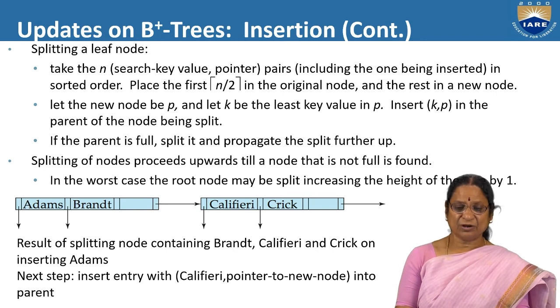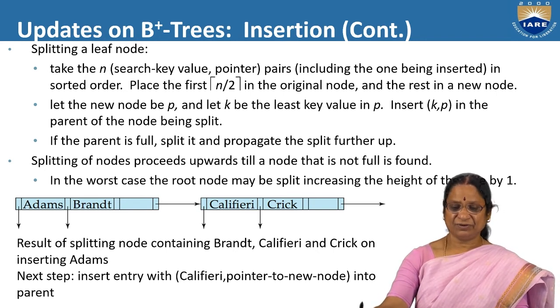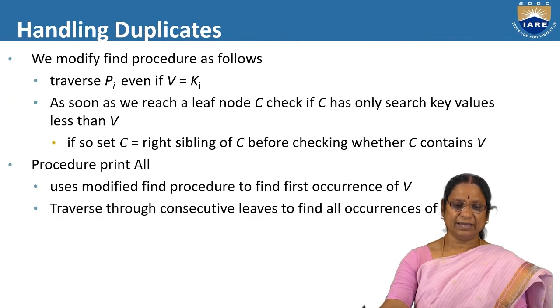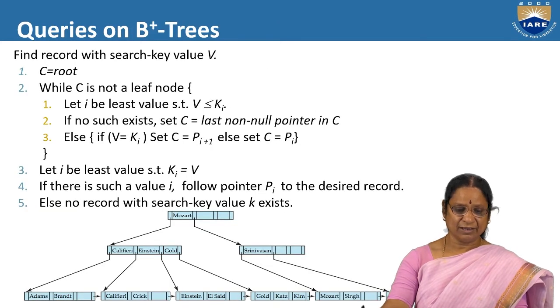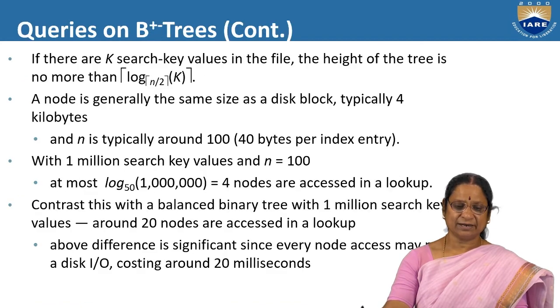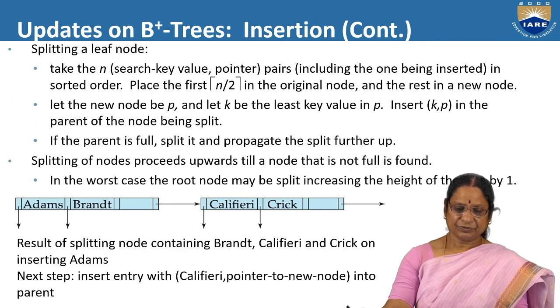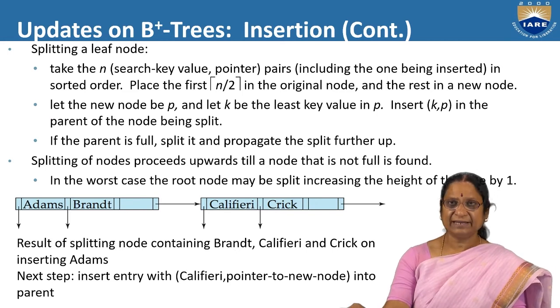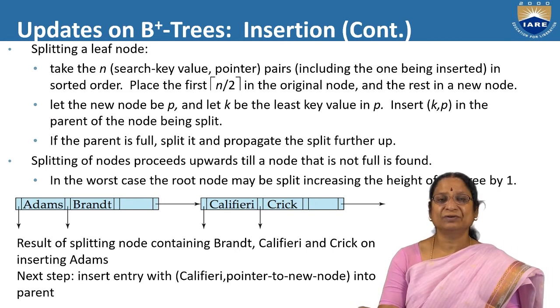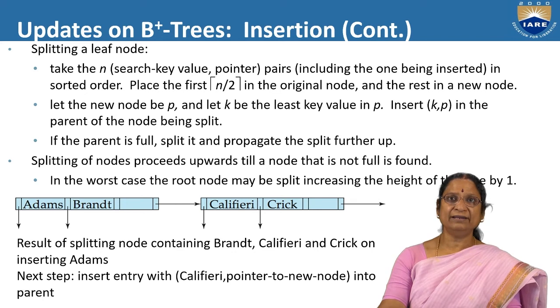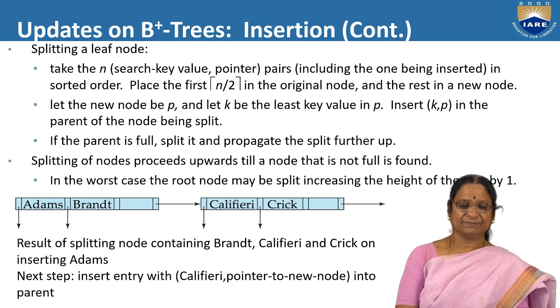If the space is not available, again splitting is considered. For example, observe here. In the previous example, we have a node which has Bandit, Calipari and Crick. It is already full. So we would like to add a new value, Adams.